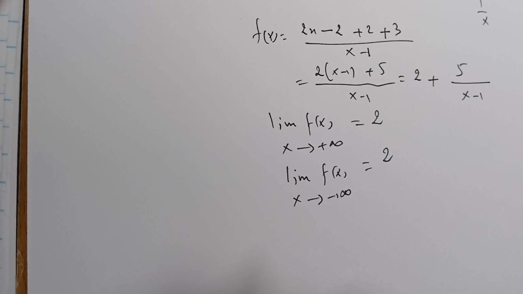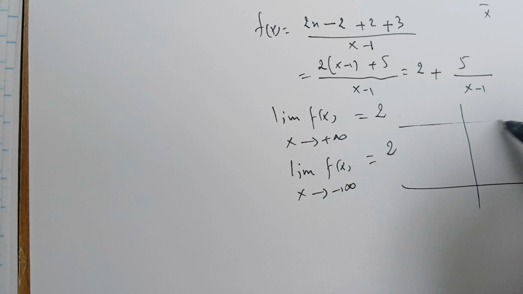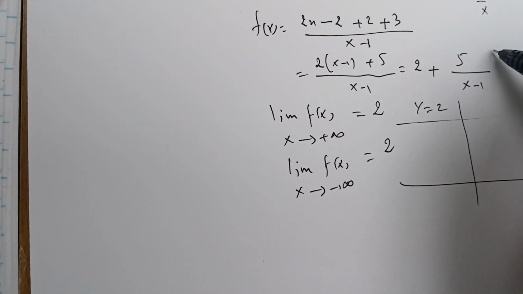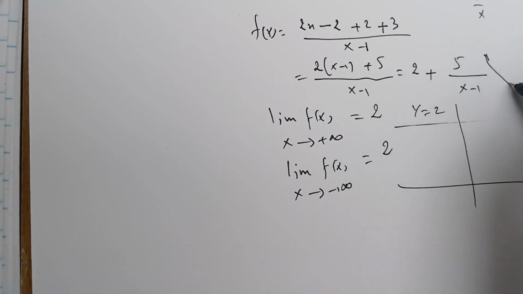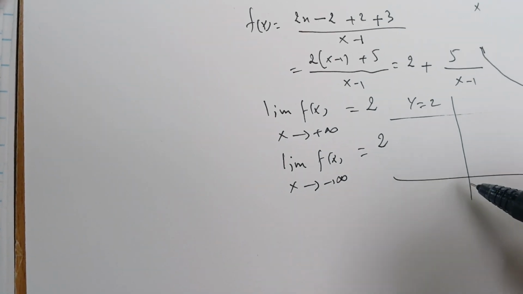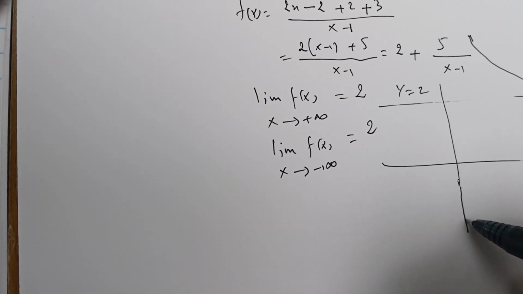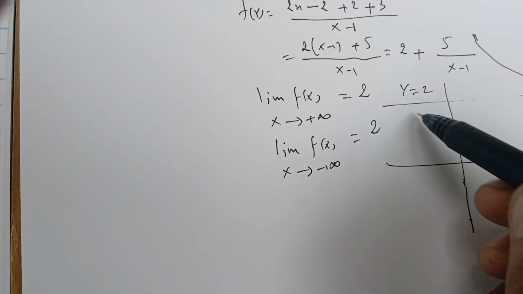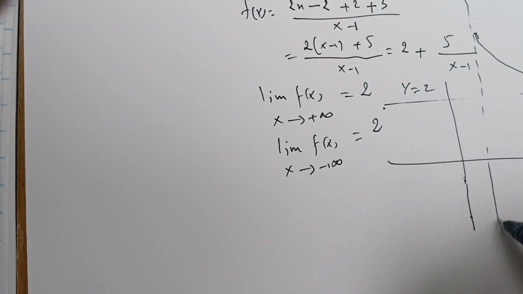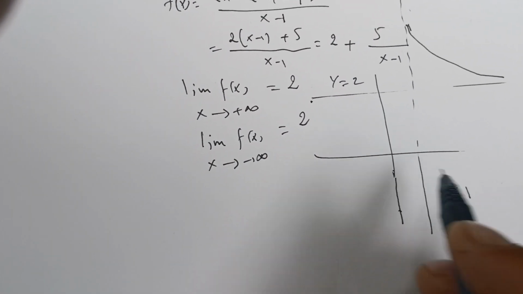Now this is going to help us. Let's say y is 2. The graph of the function is going to be like this. And this is 1, because we don't want to have x equals 1. When x equals 1, it's not defined.